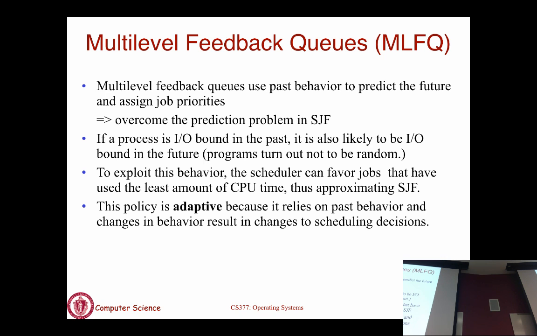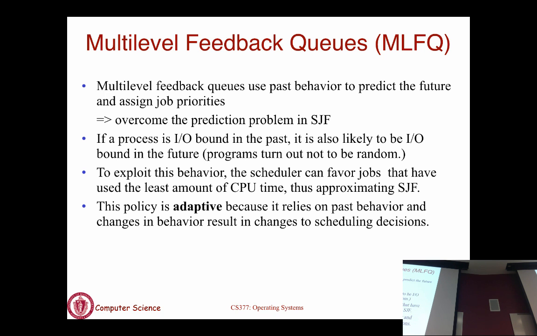The future is the job length, but you don't know the future. But what you do know is the past. What the job has done so far is known. What the job is going to do in the future, how much time it will need, is not known. You can't figure out the future, but certainly you know what's happened in the past.